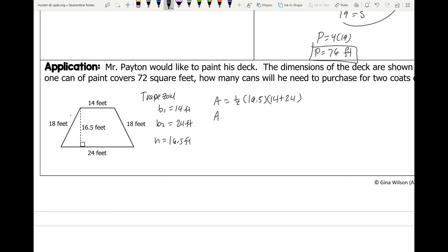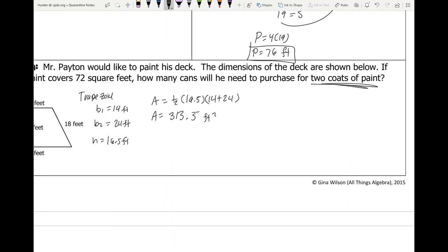That is equal to 313.5 square feet, so feet squared. So, since we need 2 coats of paint, the total square footage I will paint is twice this 313.5 square feet. So 2 coats of paint.